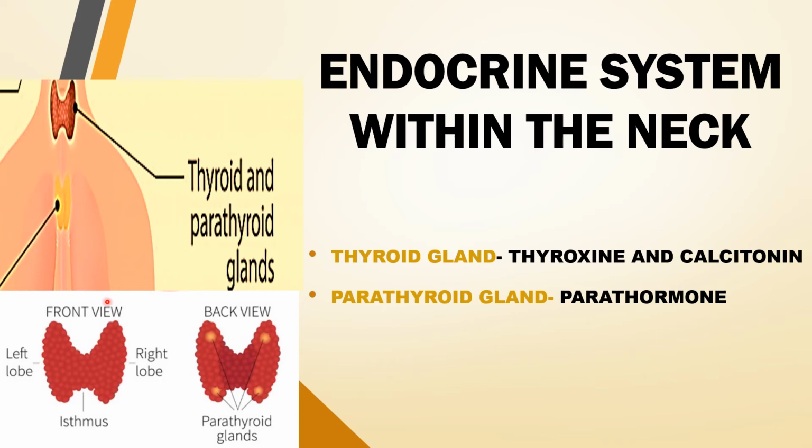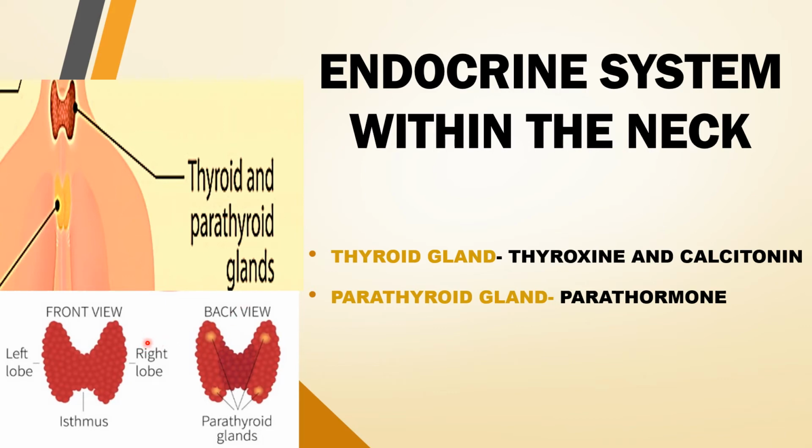It is situated just below the larynx and it is attached to the trachea in front of the neck. It is the largest endocrine gland. So which was the smallest endocrine gland? The pituitary gland, and it is in the brain. And this is the largest endocrine gland, that is thyroid gland, and it is in the neck.